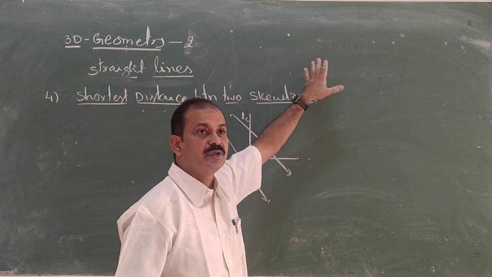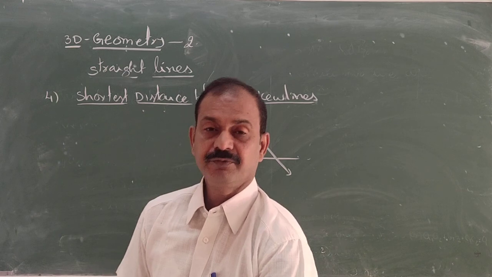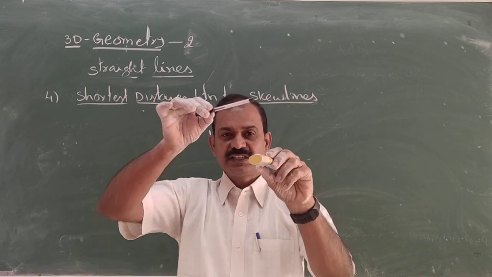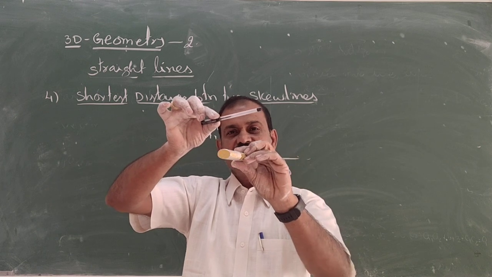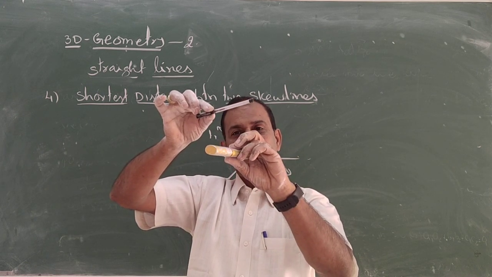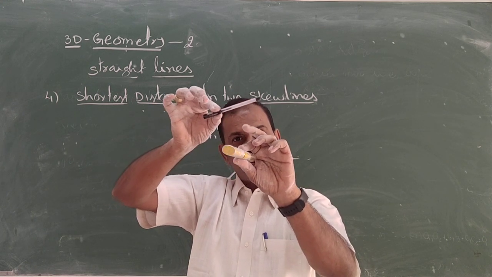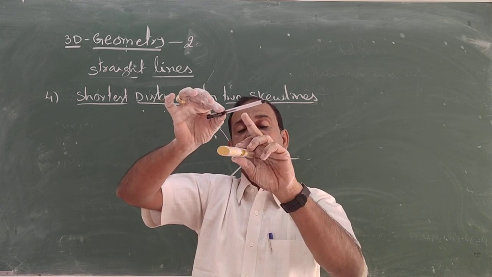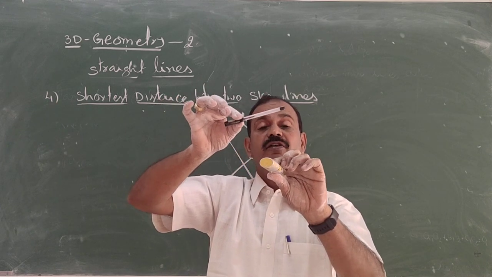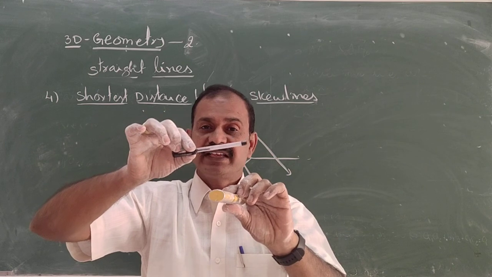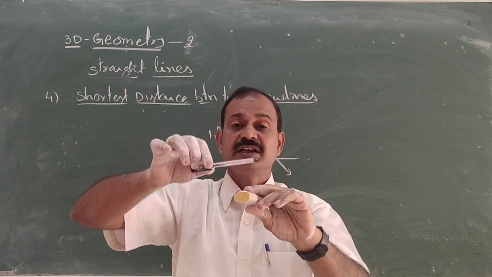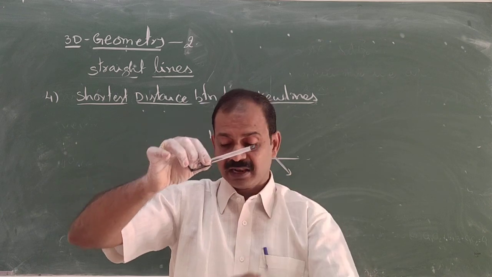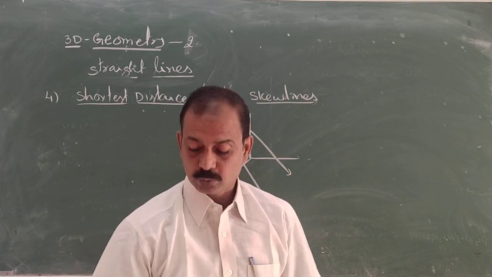When you take space, if you consider two lines like this, these two lines will never intersect and they will never be parallel. Such kind of lines are called skew lines. The lines which are neither intersecting nor parallel are called skew lines.